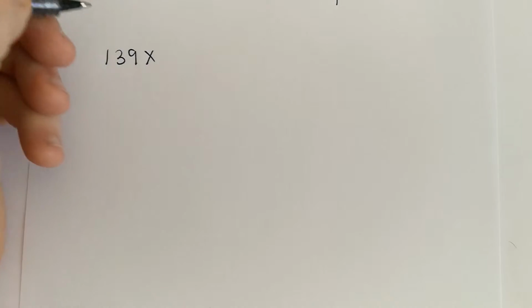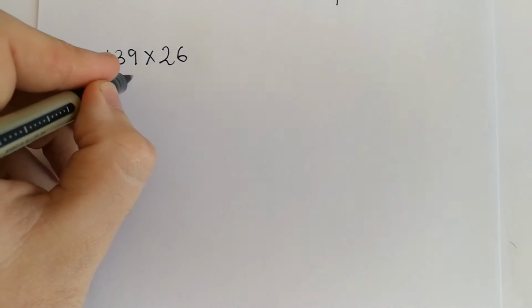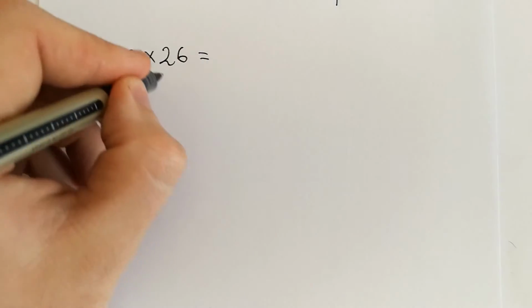Okay, so let's look at another multiplication. But this time we could have something like 139 times by 26. And this time we've got 3 digits multiplied by a 2-digit number.